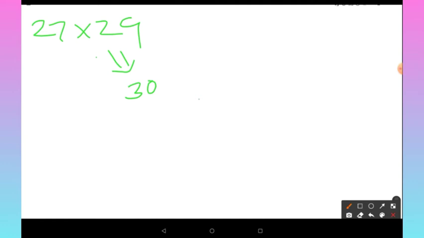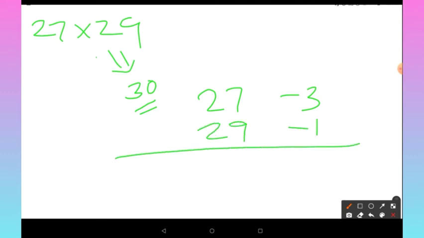So we take 30 as the base. 27 is represented as 30 minus 3, and 29 as 30 minus 1. Whichever is comfortable, I am going with 29 minus 3. You will get 26, and the product of the deviations is 3.